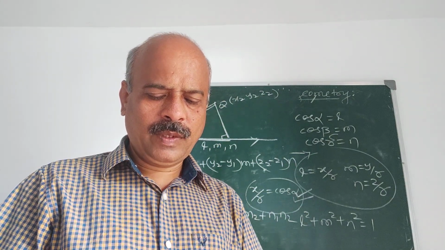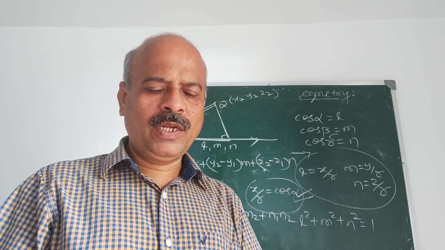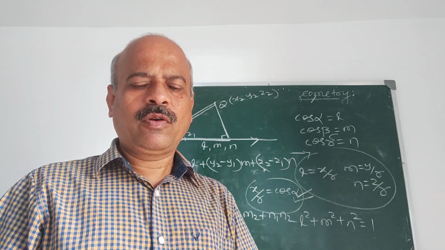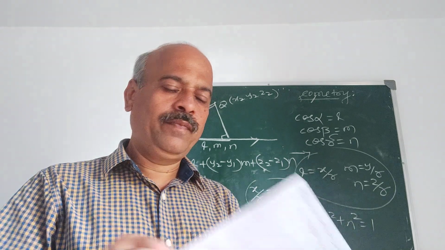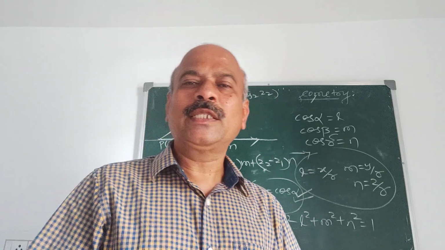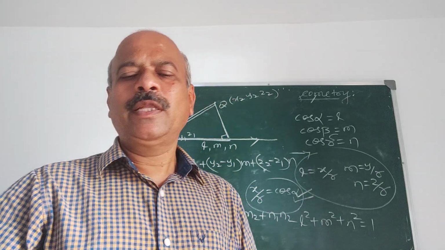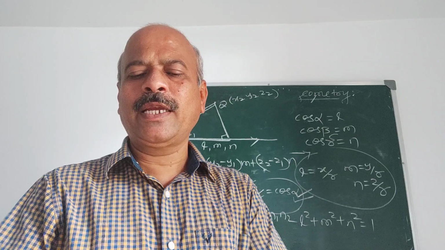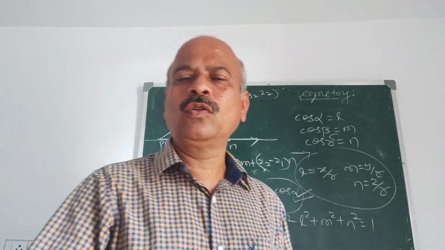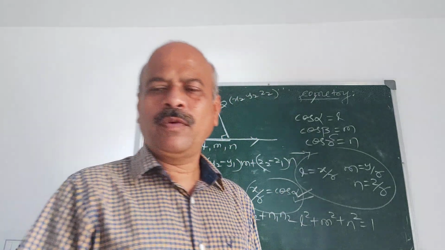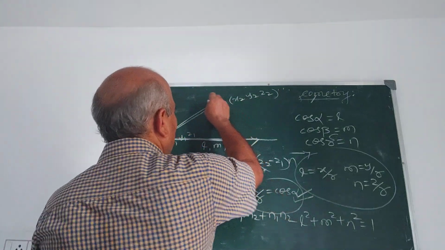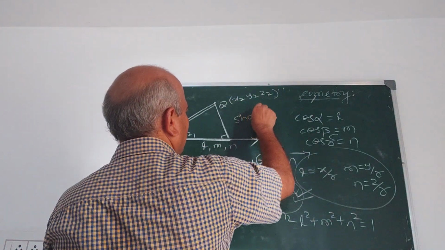Then section formula, distance formula, projection of one line on another, midpoint formula. These are some basic things that you have to go through again and again to understand. You can refer to Analytical Solid Geometry by Shanti Narayan.